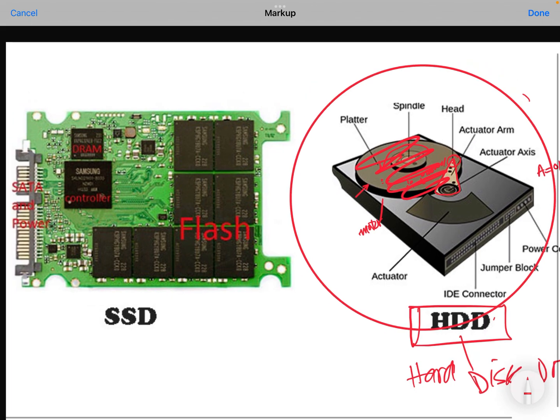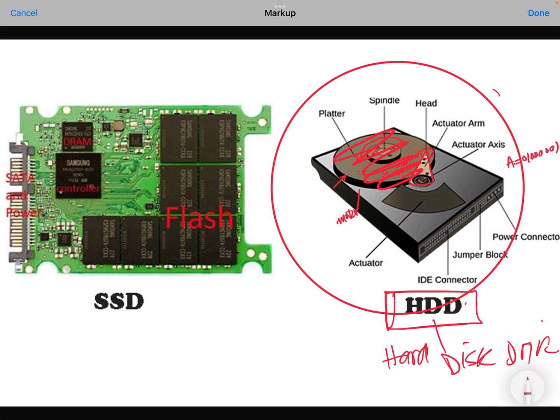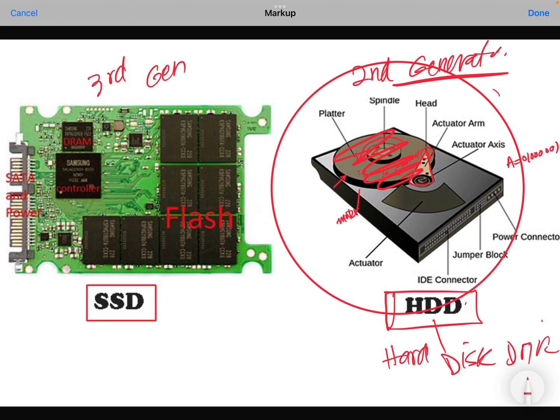So then human beings, so us, invented this third kind, which we now call the third generation. Punch holes was the first generation, the hard disk was the second generation, and these are the third gen.